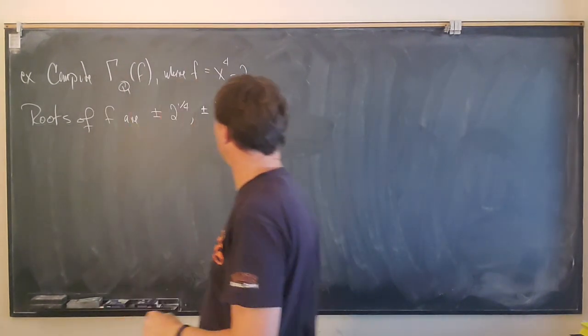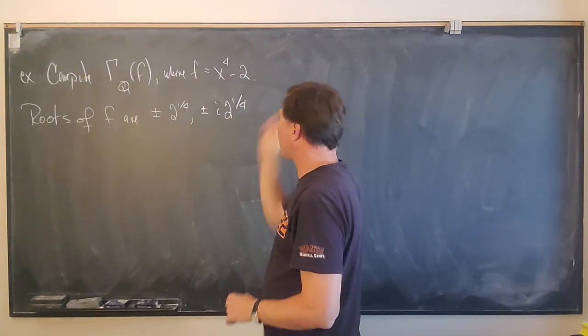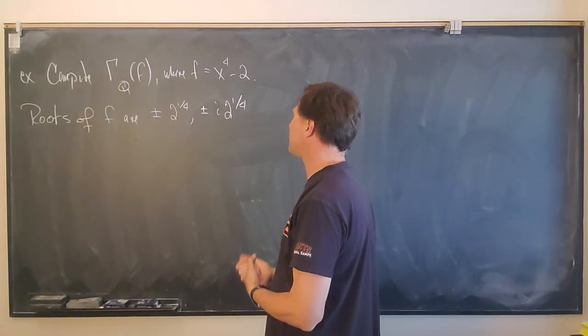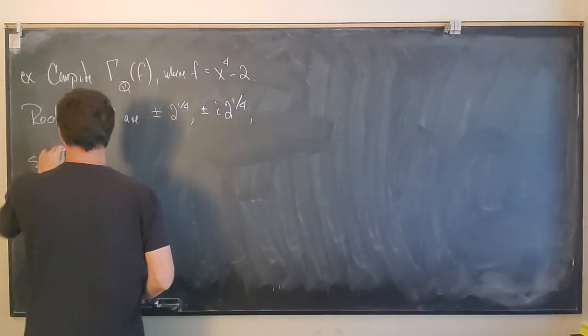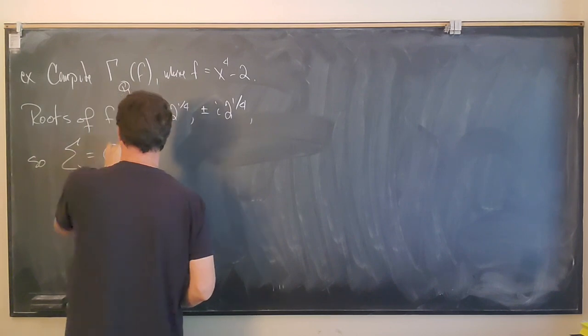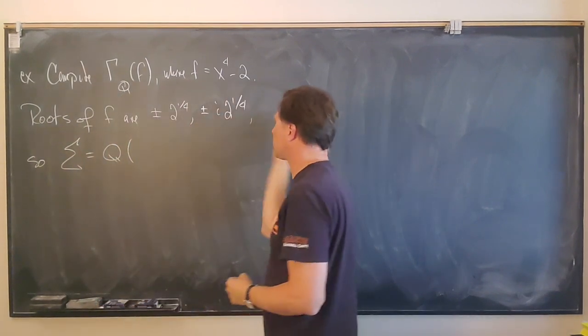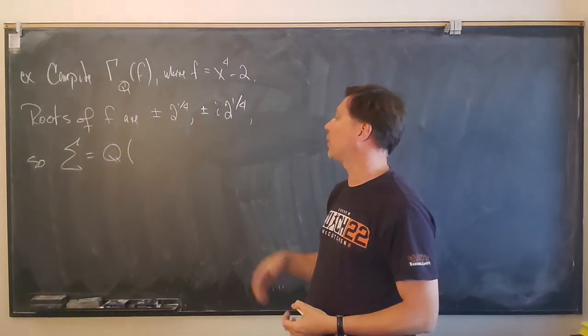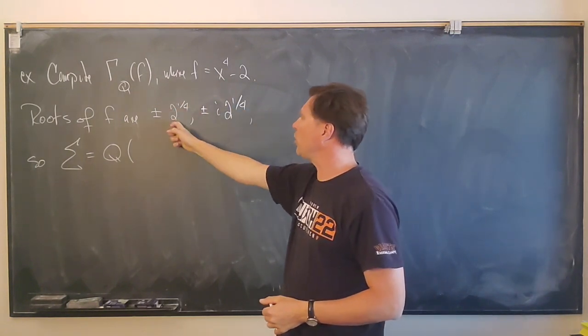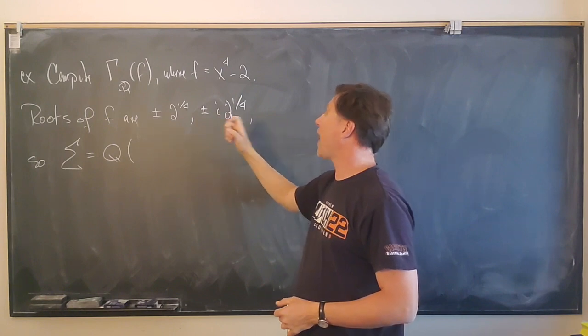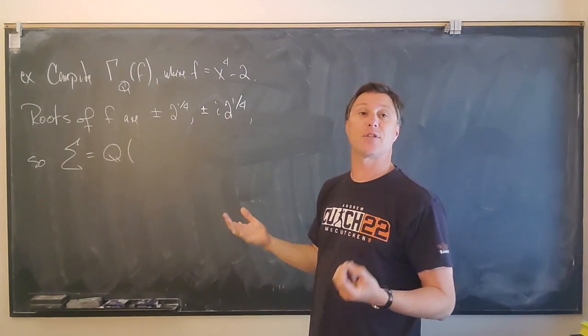An easy way to see the splitting field, sigma, is that it is Q adjoin all four of those roots, but we don't need the plus or minuses. If I adjoin 2 to the 1/4 and i times 2 to the 1/4, that's the same as adjoining just i.